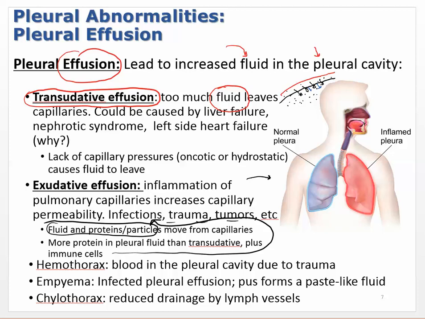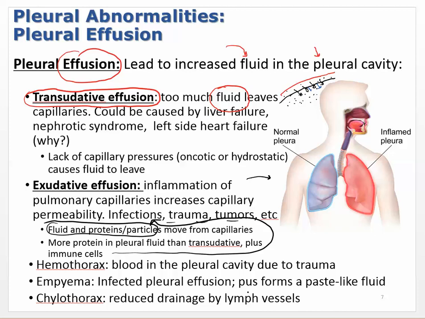And then we have some other types of effusion. Hemothorax: blood in the pleural cavity due to trauma. When you break something, it bleeds, and in this case, it's bleeding into the pleural cavity. Empyema: infected pleural effusion, so pus. That's when you have a pleural effusion, but now we've got bacteria associated with it, and it's special because it forms pus in the pleural cavity.